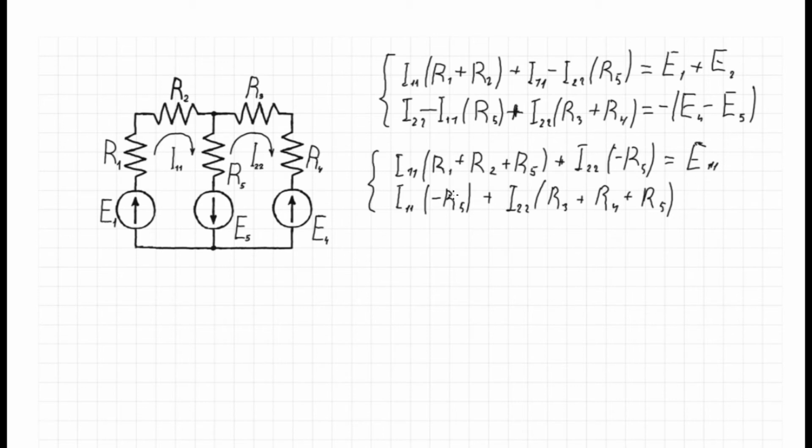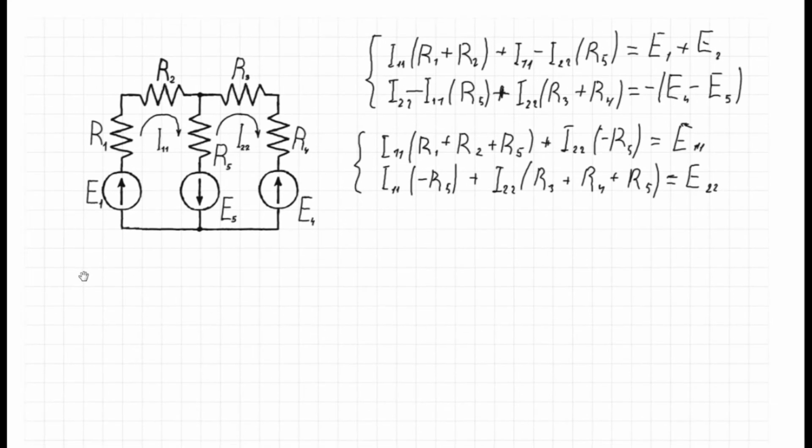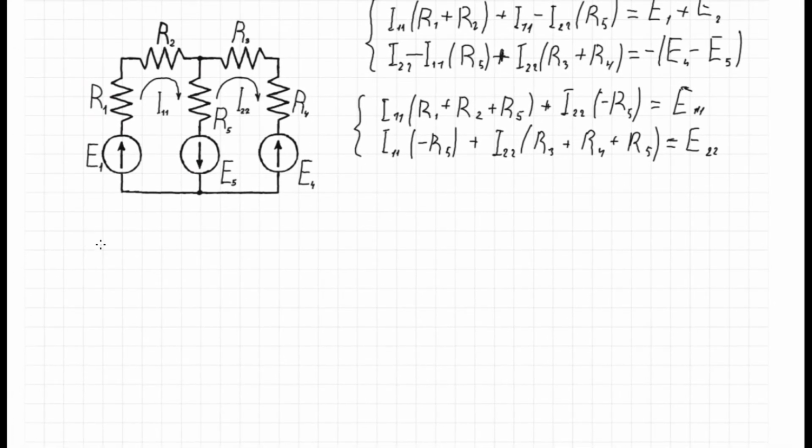For our equation system we have got a linear algebra matrix, a square matrix, and here we write E22, and we get the matrix equation for the calculation of our circuit in the picture.